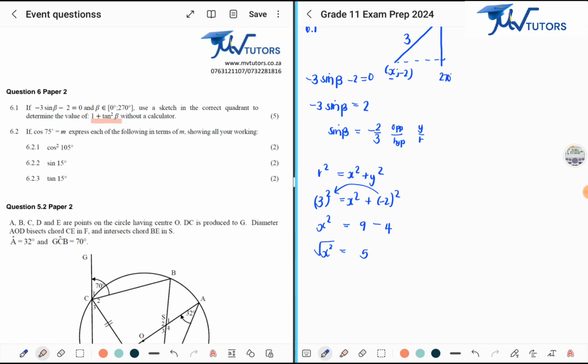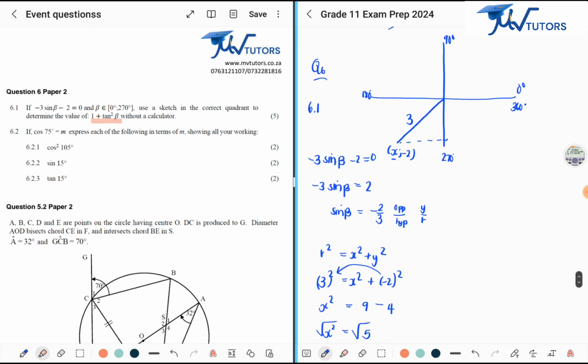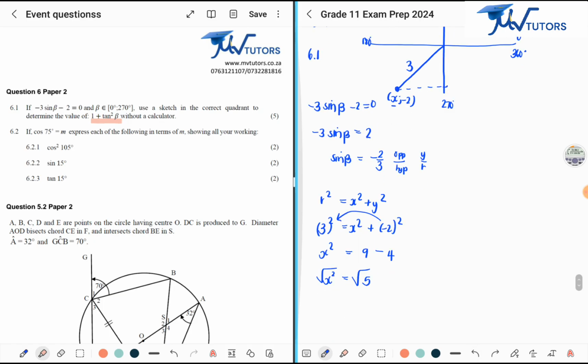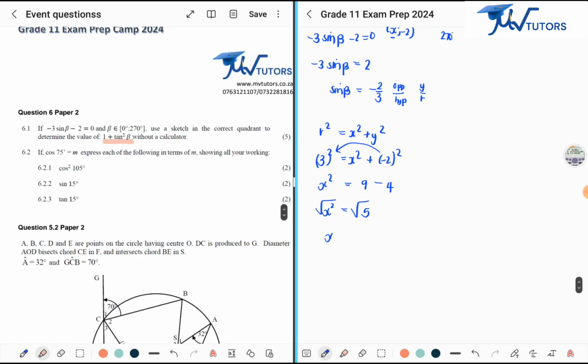And we're going to square root both sides. Now, here's the thing. When you take the square root of both sides, you can have either a positive or a negative answer. Looking at where we have drawn our line, the possible x value will be negative. So when you are looking for x, please do not say x is positive root 5.